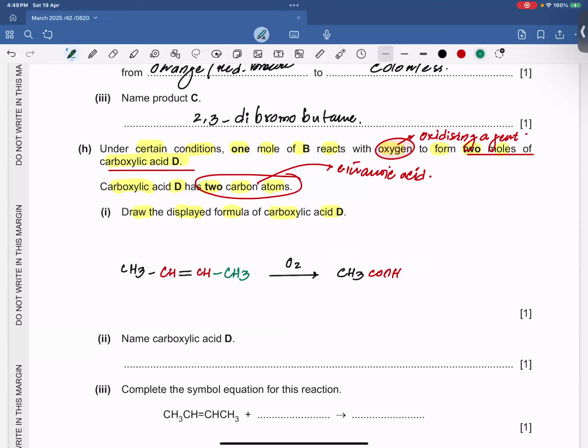Plus, this CH3 will remain as it is, and this CH will turn to COOH.